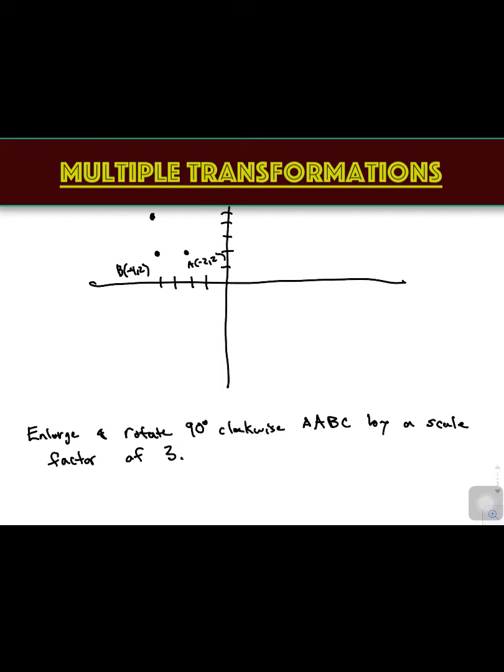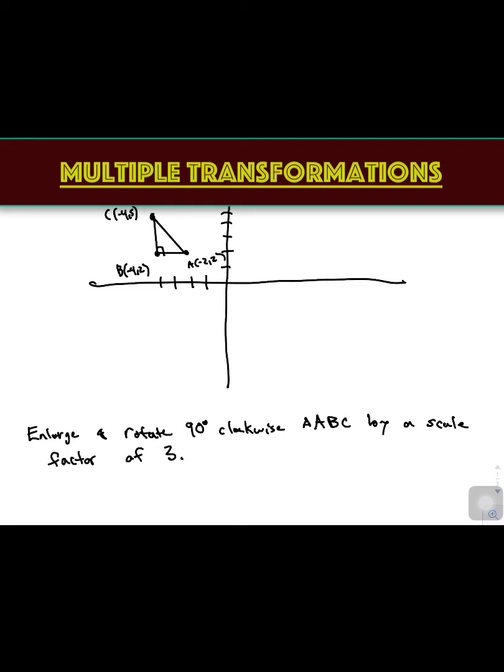And point C is at -4, 5. So we have our triangle, and even though it's not a perfect triangle, it is a right triangle. There's our right angle. And it wants us to rotate and then enlarge.